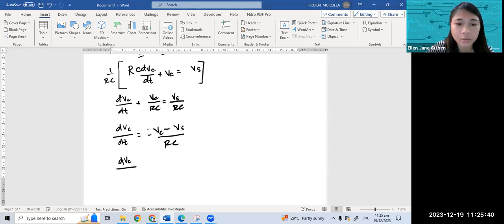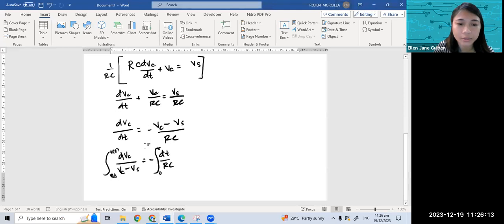dVc, okay, combine the common terms. dVc over Vc minus Vs is equal to negative dt over RC. And then we need to integrate both sides. This one in terms of V at 0 time, V at time t, and this one from 0 time to t. So, there.